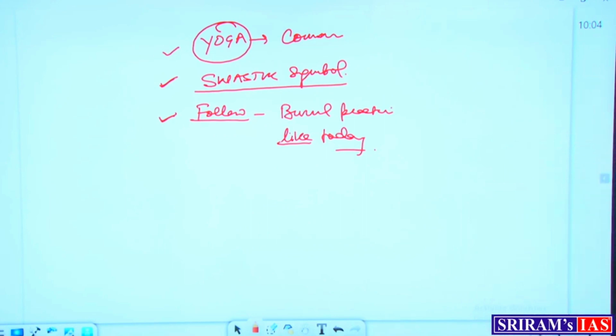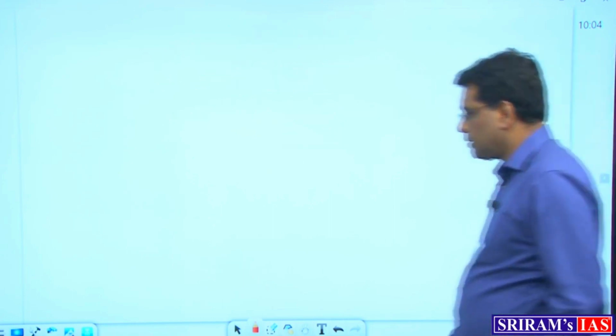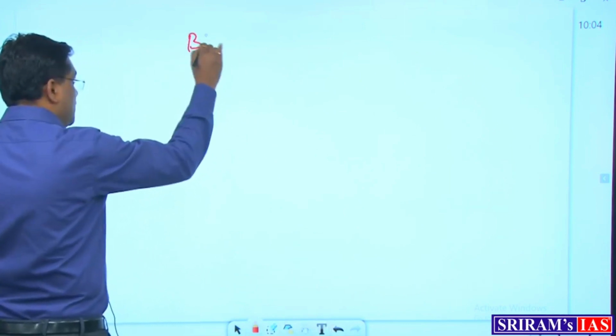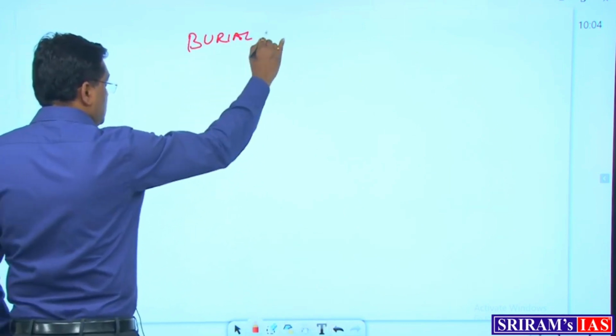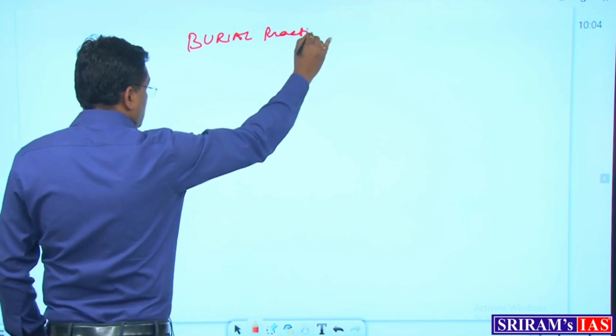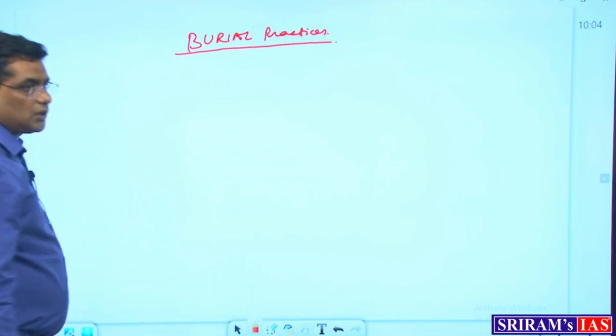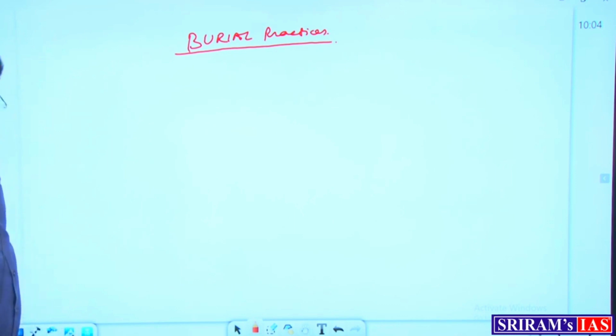So, what are the burial practices of the Harappans? After death, how did they treat the body?